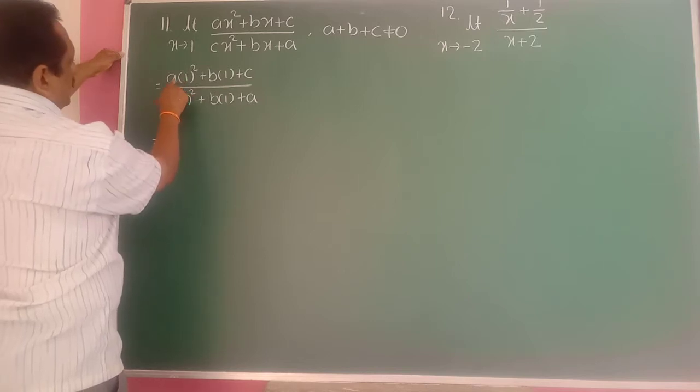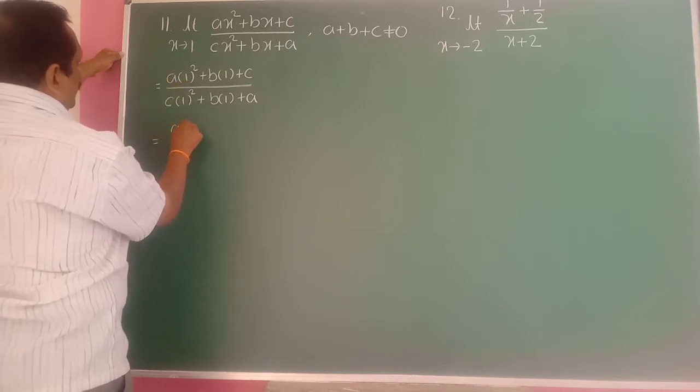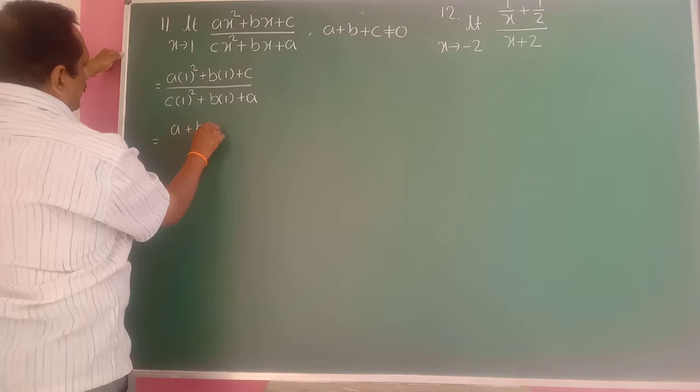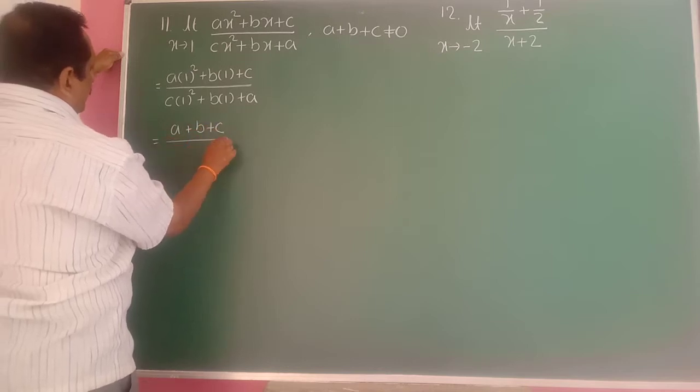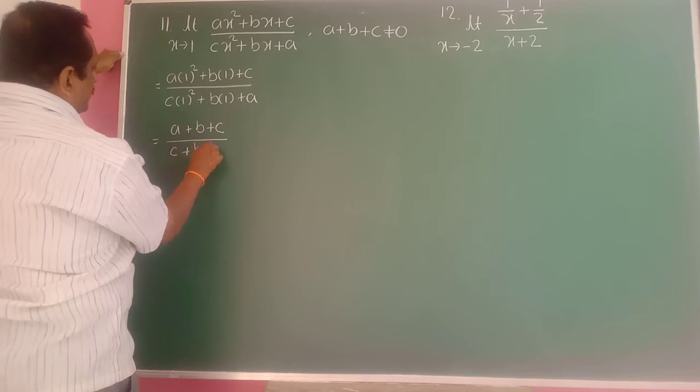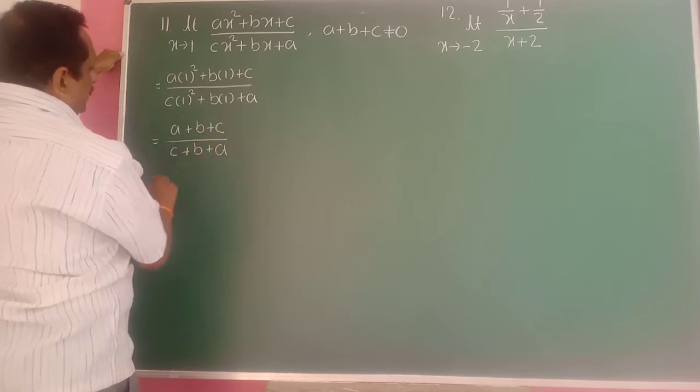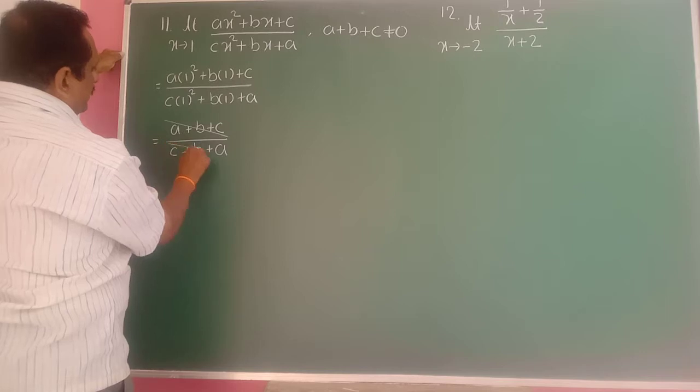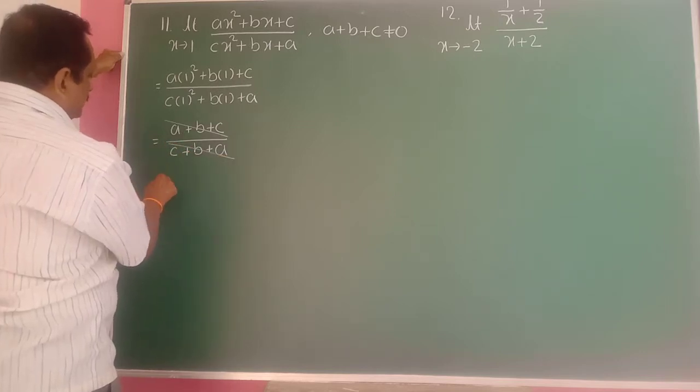Therefore 1 square is 1. A into 1 becomes a, then b into 1 is b, plus c, divided by c into 1 becomes c, plus b into 1 becomes b, plus a. Here numerator and denominator get cancelled, so the answer is 1.